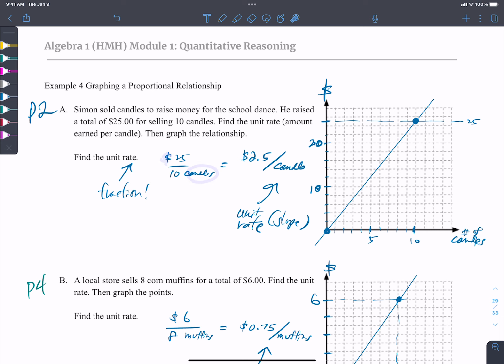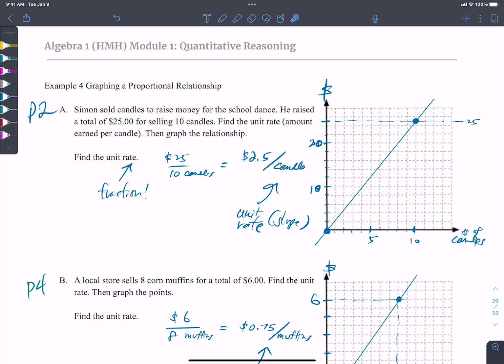All you gotta do is find out what 25 divided by 10 is. That's $2.50. So all that means is that for every candle they raised $2.50. So because the denominator is 1, we call that the unit rate. What is the ratio rate or the slope for each 1 unit?